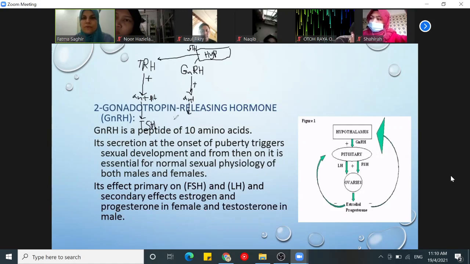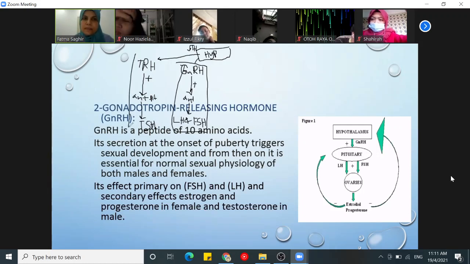It actually secretes two hormones. We call them luteinizing hormone and follicular stimulating hormone. So hypothalamus will secrete a hormone called gonadotropin releasing hormone. This part we will not cover now during endocrine; we will cover it during the reproductive system.